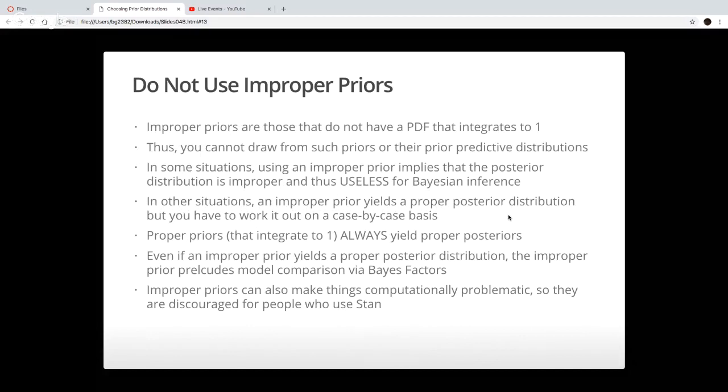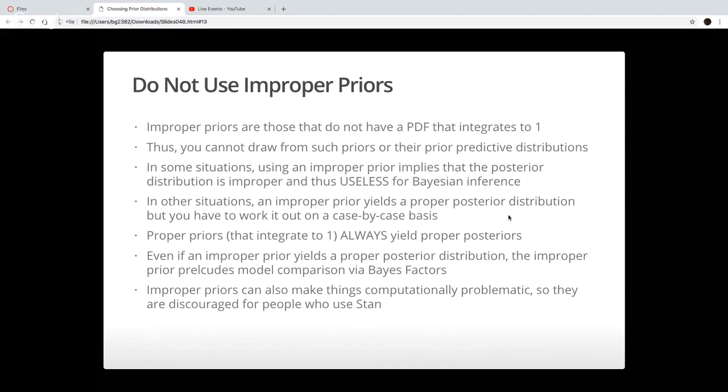So improper priors are ones whose PDF does not integrate to 1. So that's why I say it's not a real prior. Now, if it integrated to any constant, we could just divide by that constant, and now it integrates to 1, and we're fine again. But for improper priors, instead of that definite integral being some number that we can work out, the integral actually does not converge.